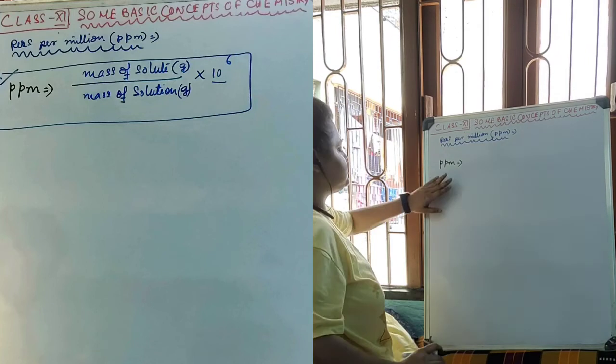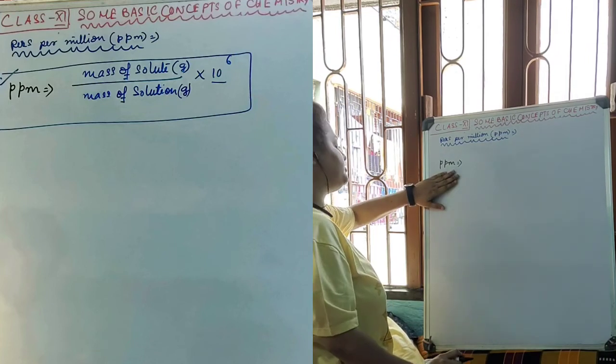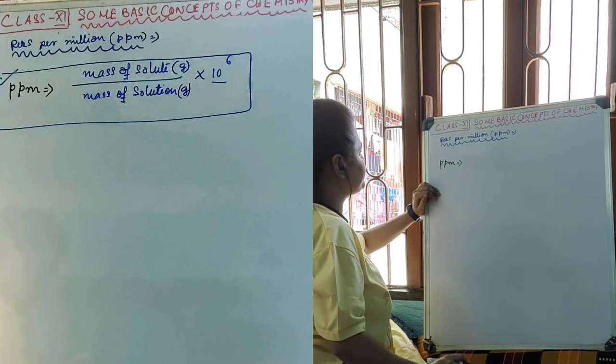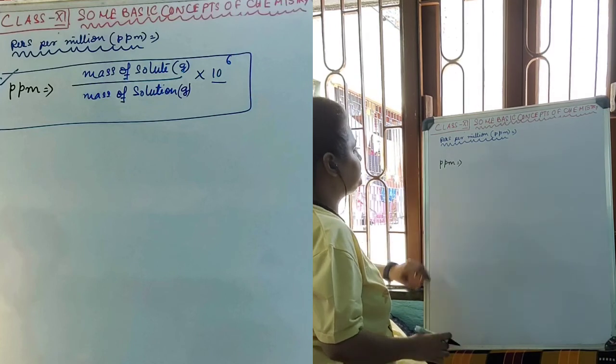Last but not least, this is another form of representing the strength of a solution, known as ppm, parts per million.